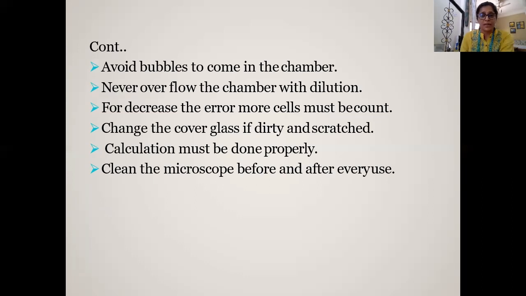Don't over suck it. Gradually suck it, but the tip of your pipette should not come in the air. And once you suck it, if there is a little extra, first you wipe out the tip of the pipette so that no extra blood is there. And then you release the end of the pipette. And when you release it, the extra blood flows out.